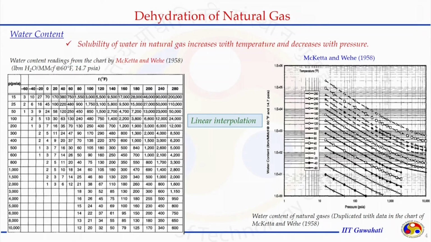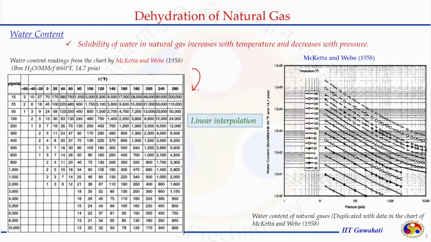Here we can see it for a mixture that is considered as a representation of natural gas. From this McKetta and Wehe method, which is represented in graph form, the data can also be represented in table format.